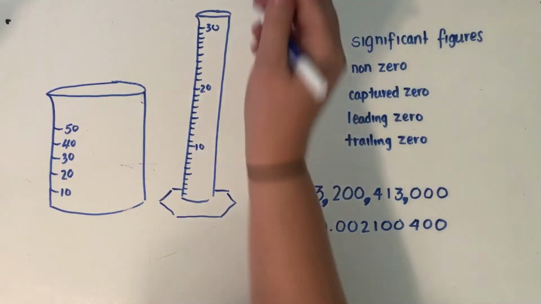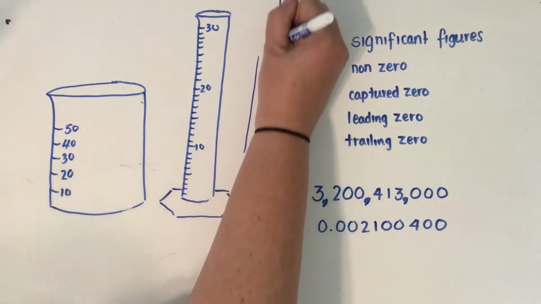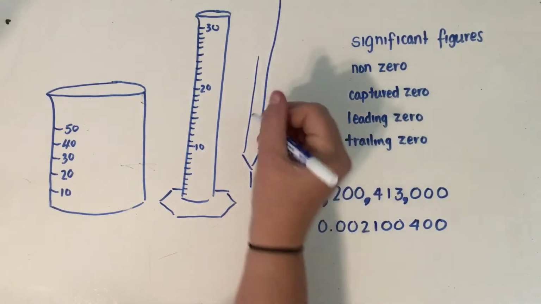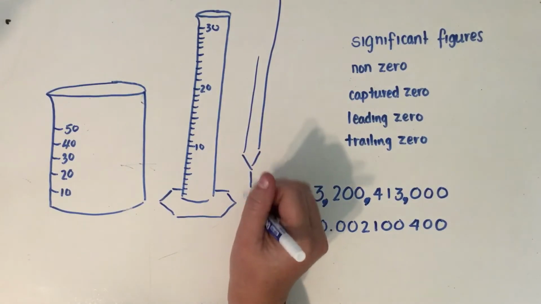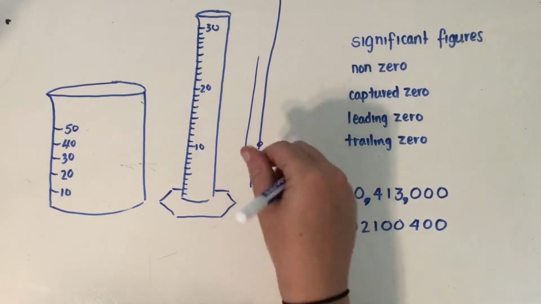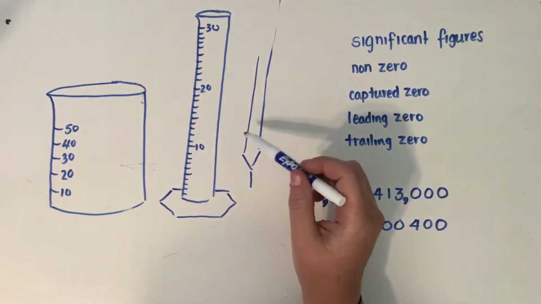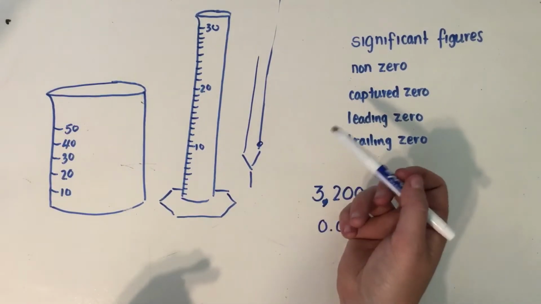If I really wanted a precise measurement, I might even use something called a burette. And a burette, I'll show you the next time you're in class, is a really, really thin, really, really long tube that drops the volume from the bottom here. It has a valve here that allows you to open and close it. But these walls are so thin that we can actually get even tenths of milliliters out of there. We can go drop by drop, literally.